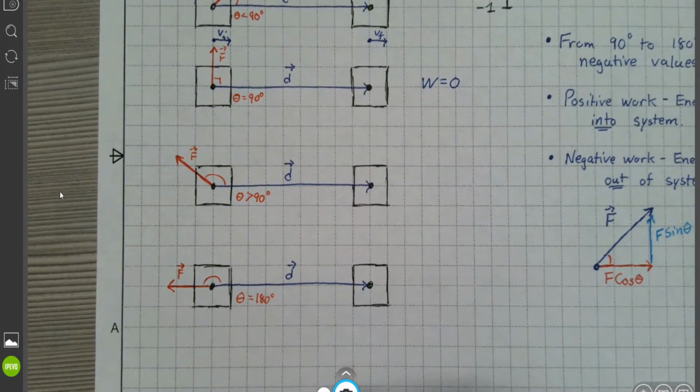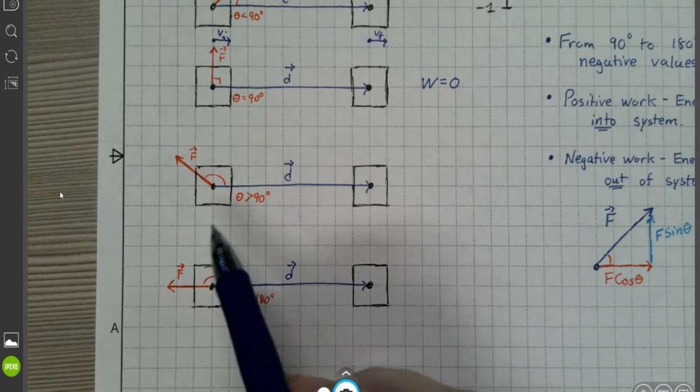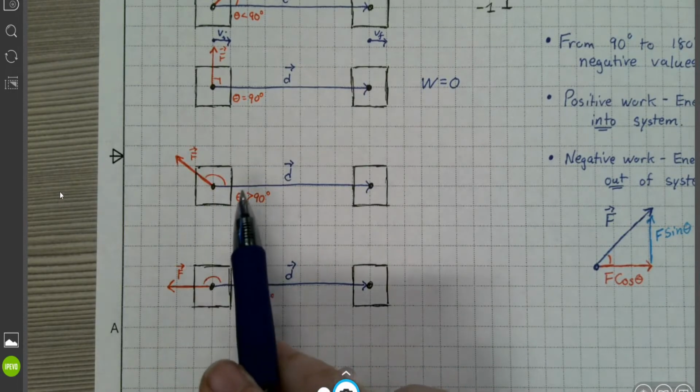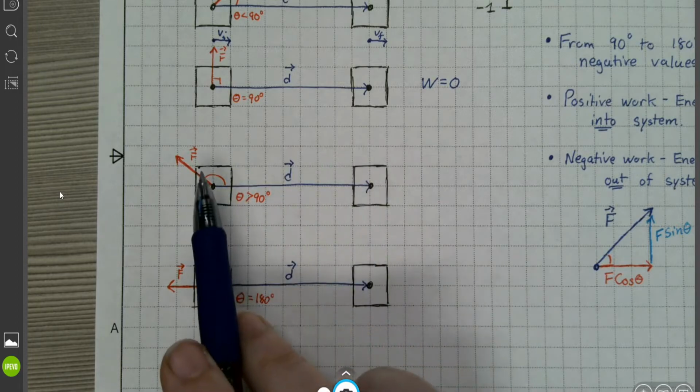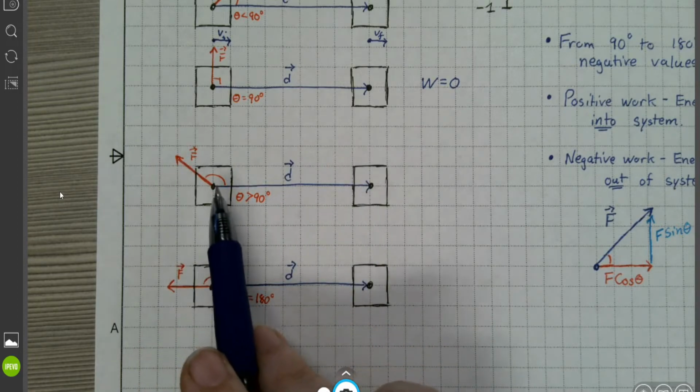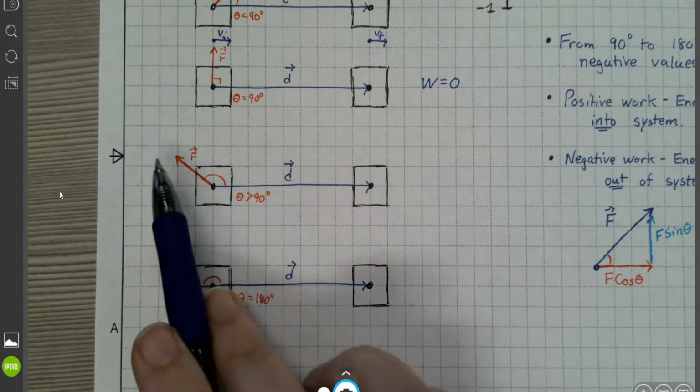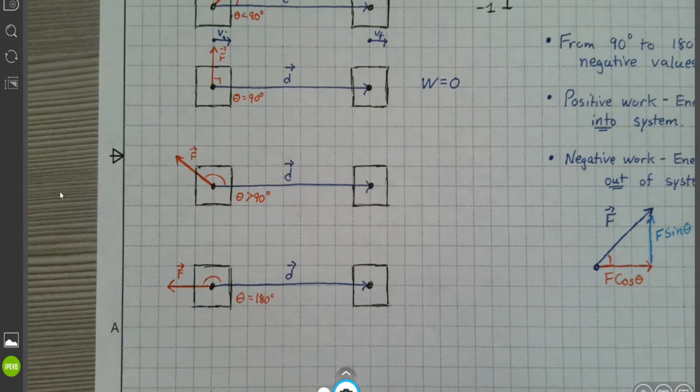All right, so let's look back over here at the last two situations. In the next to last situation, the displacement still occurs, but the force being applied is now greater than 90 degrees, but not straight up 180 degrees. And what happens whenever you do this is you're going to start doing what's called negative work. Okay, so you're going to start actually transferring energy out of the system.